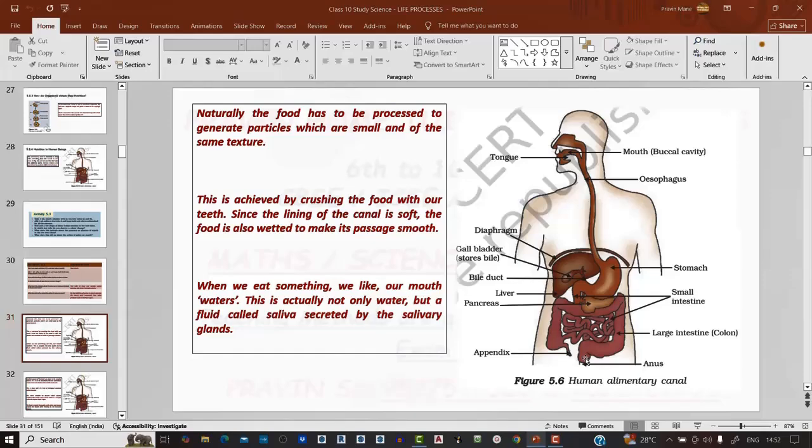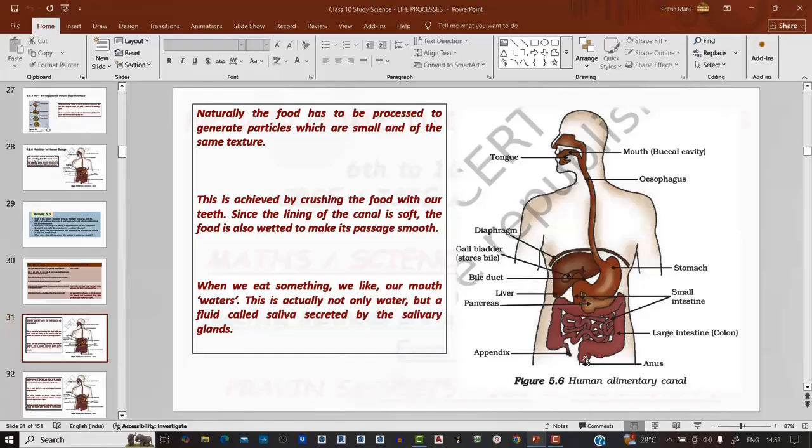First, food is taken in the mouth, where it is crushed by teeth. As we know, this alimentary canal has a soft lining, so food should be smooth and crushed into smaller particles. By means of the tongue, food is moved in all the parts of the mouth.